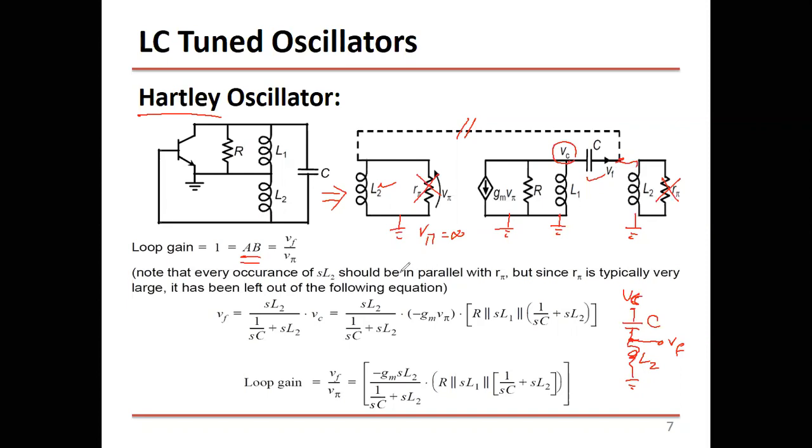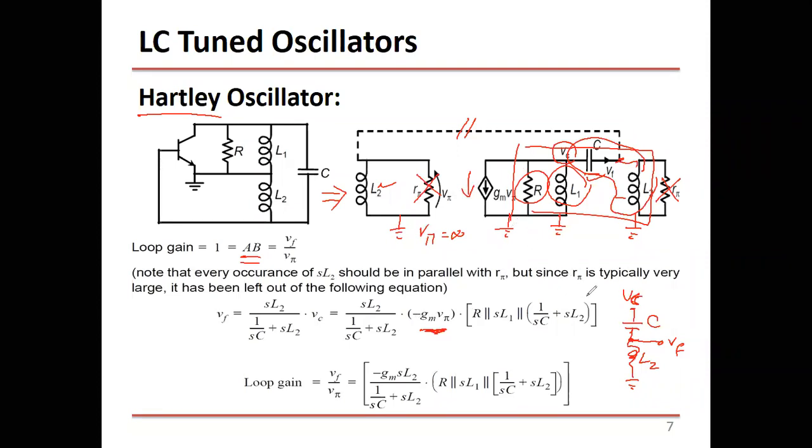And then this is infinity. So you have to take this and this in series, and the total impedance of these two, take it in parallel to this, parallel to this. So this is the total impedance that you're going to multiply this current by. So we have to multiply the current gain, which is gm times V pi, and negative because the current is going this way.